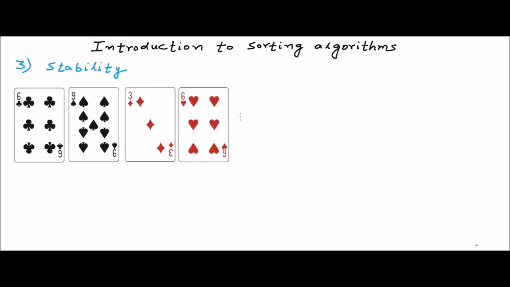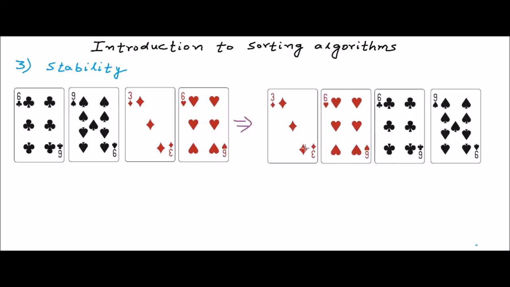One possible permutation will be this. The cards are sorted by rank. We have 3, 6, 6, 9, but if you see in the original list, 6 of club was coming earlier than 6 of heart, but in this permutation, which is a sorted arrangement, 6 of heart has come before 6 of club.